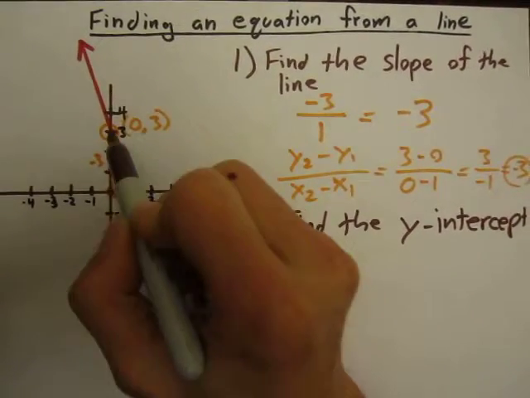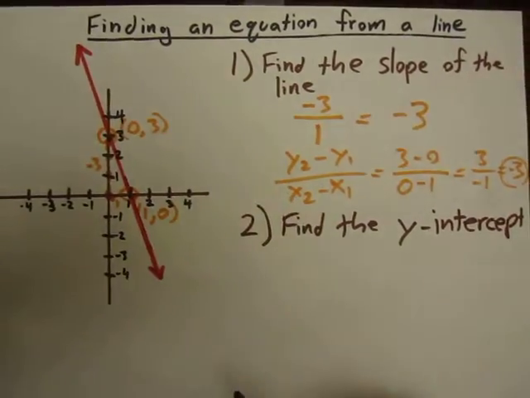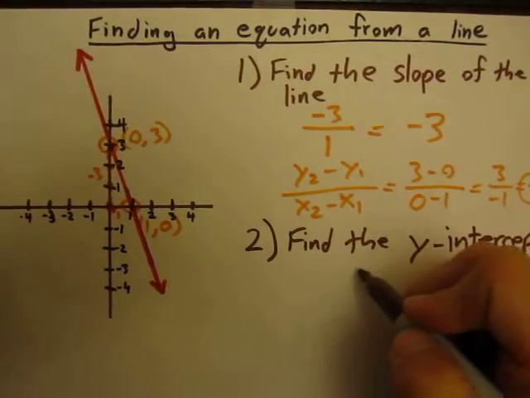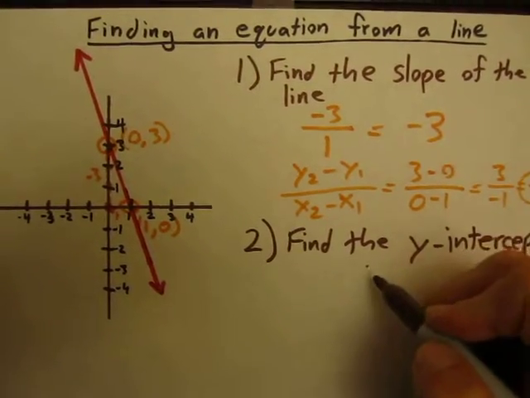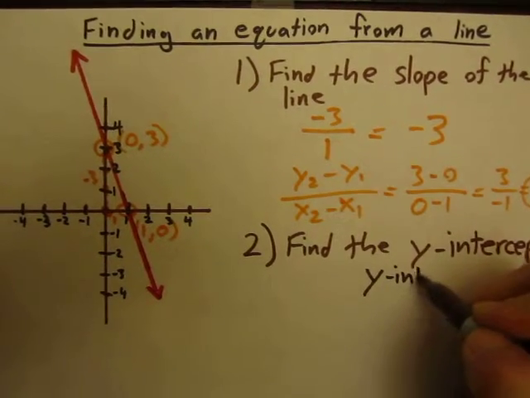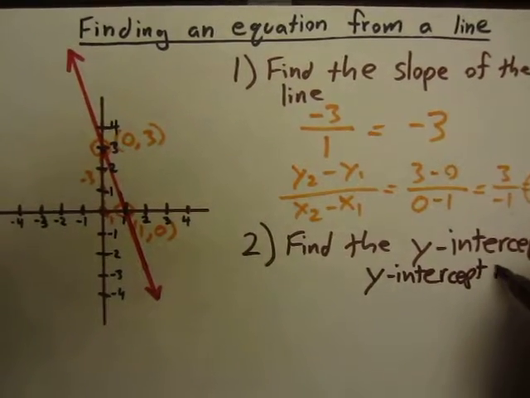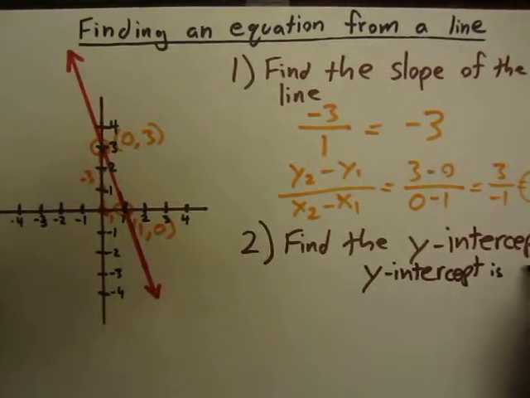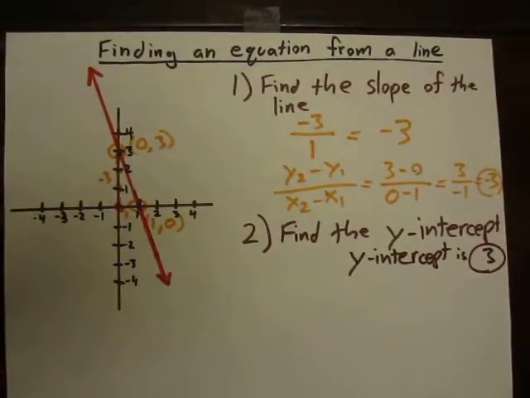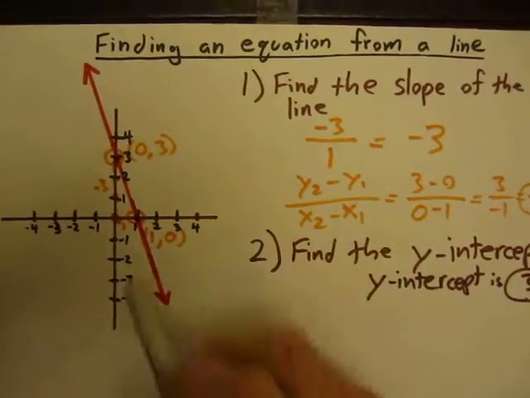So right here, we can see it clearly. It is 0, 3. So our y-intercept is 3.